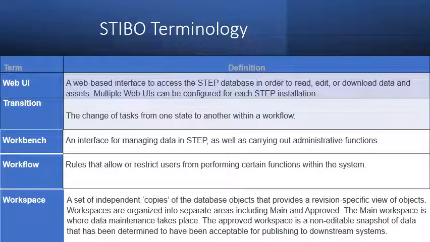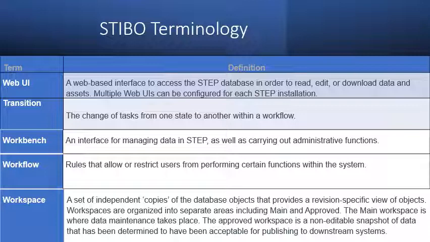Web UI. So web UI is the interface to access the step database in order to edit, download data, and assets. Whatever data you added, like a LOV, or if you have a multi-value, anything data related to the text box, all the data related to the attributes will be directly reflected in the web UI.